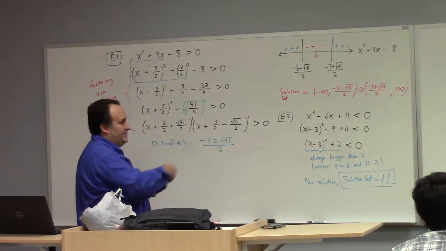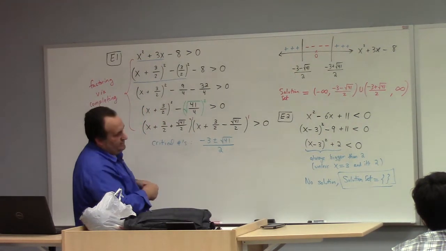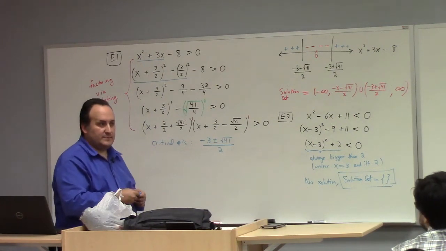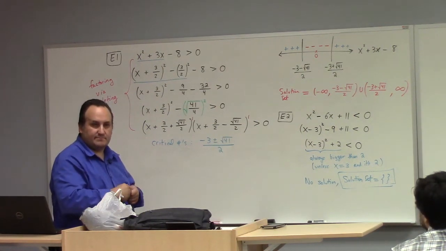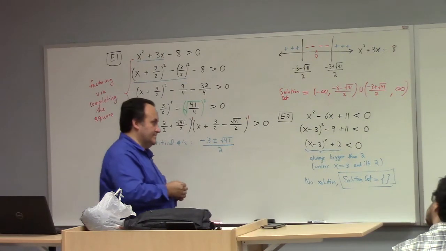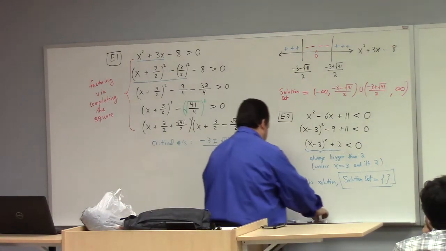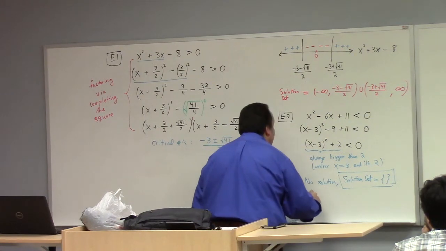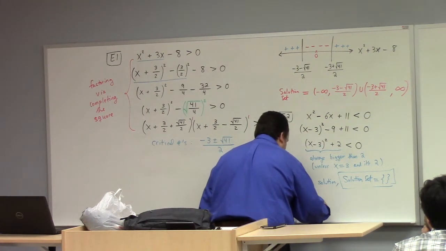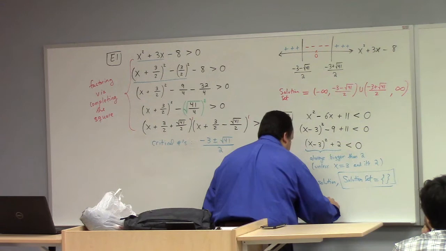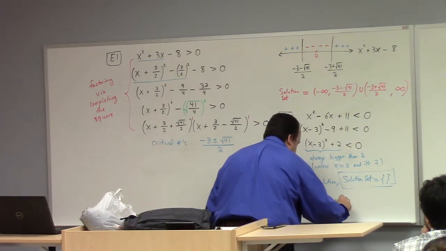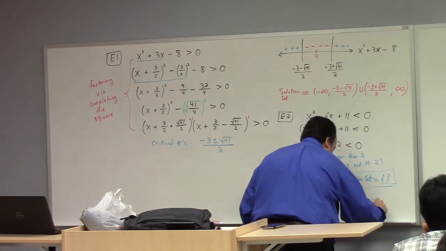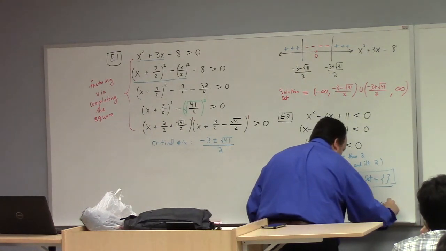If you want me to make this one more exciting, if we just turn that less than to greater than, what happens? Right, example 3, we could solve it, right? Example 3, if we have x squared minus 6x plus 11 greater than 0, that says solution set is everything.